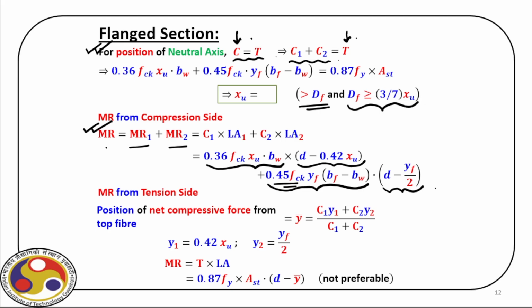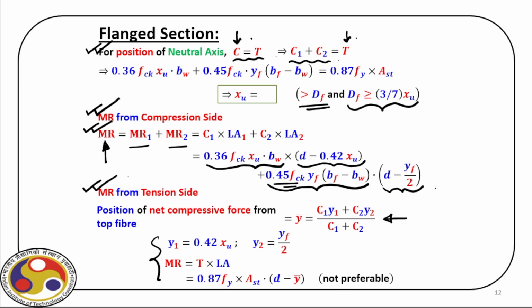So we can find out the effective sectional capacity. And we can repeat the same exercise from the tension side, and for that again we have to find Y bar and then follow the same steps which I have already explained. But as I said, we prefer to have this moment of resistance evaluated from the compression side.